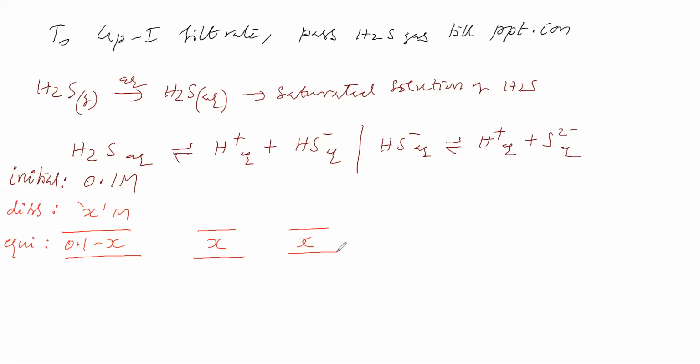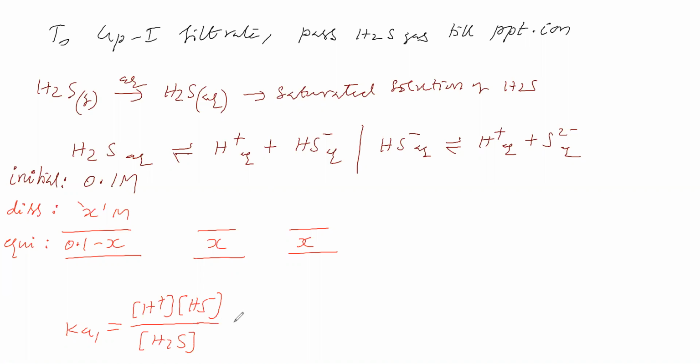Now let us take the equilibrium constant for this equilibrium. The equilibrium constant Ka1 is equal to H plus concentration into HS minus concentration in the numerator, the right side terms, divided by H2S in the denominator.